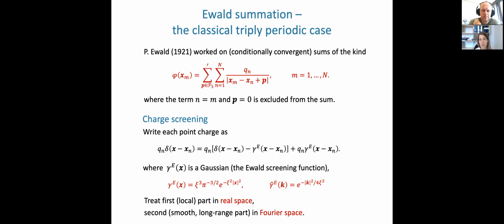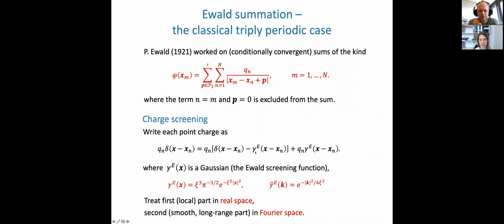So what Ewald did when he worked on this, hence the name Ewald summation, was to think about how you can actually compute this conditionally convergent sum. You can see this sum as coming from a convolution of this Green's function and a point source, a point charge if you'd like, in electrostatics. So what you do is write each point charge as a delta function, and then you subtract off a screening function, called the Ewald screening function, and you add the same thing on.